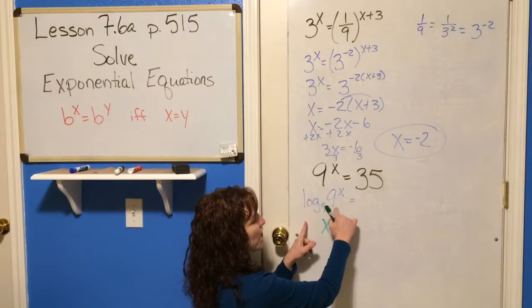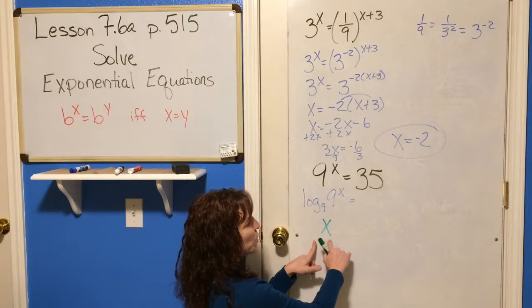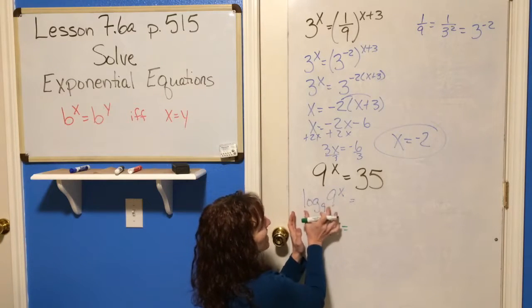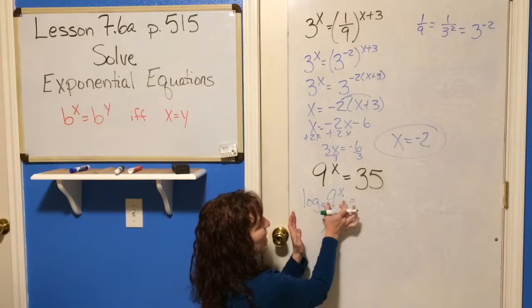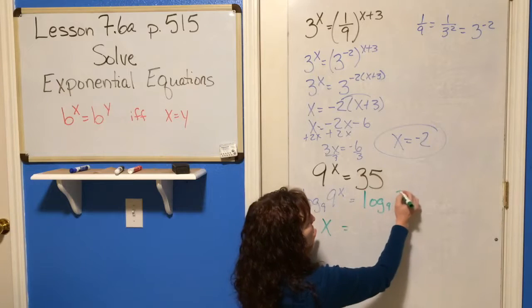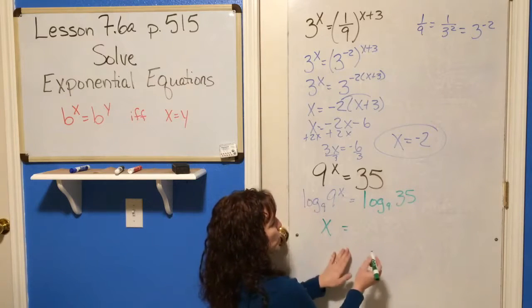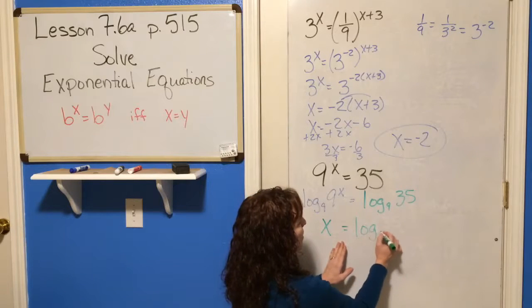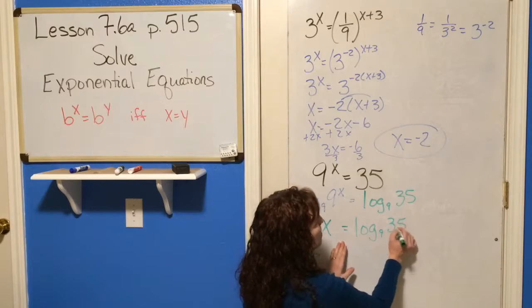Because these bases are the same, so this is what this equals. So that's fine and dandy. What did we do on this side? Well, we took the log base 9 of what we had. So we've got to take the log base 9 of 35 now, which we can do. So x equals log base 9 of 35.